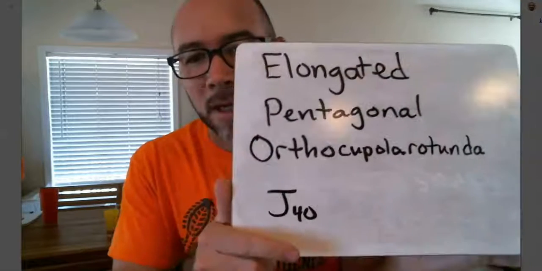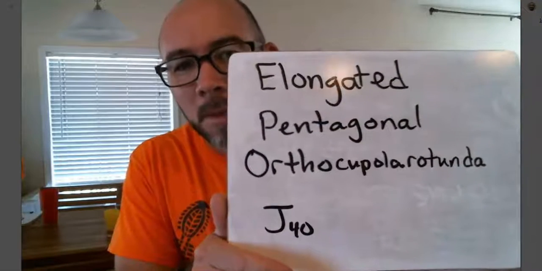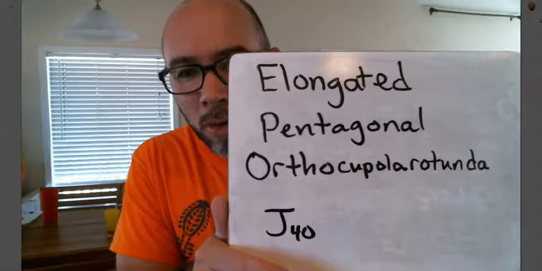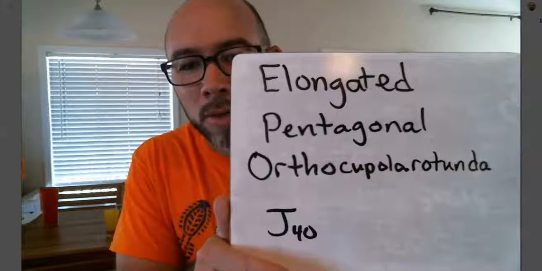The 40th Johnson solid in their classification has a net that looks like this. Okay, so this is what I had to print out and fold. It has 36 sides, I think, and like 72 edges. It was a mess. And this one is called, I gotta write it out for you, and we gotta practice this, an elongated pentagonal orthocupola rotunda.